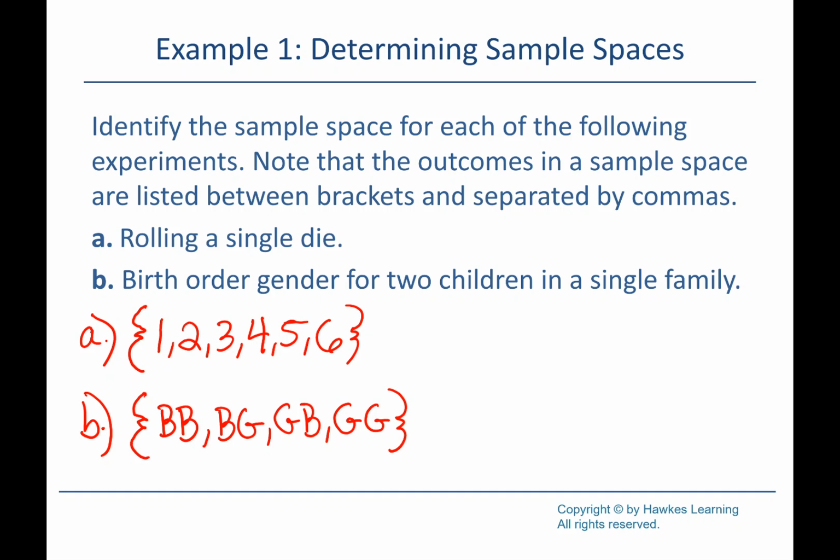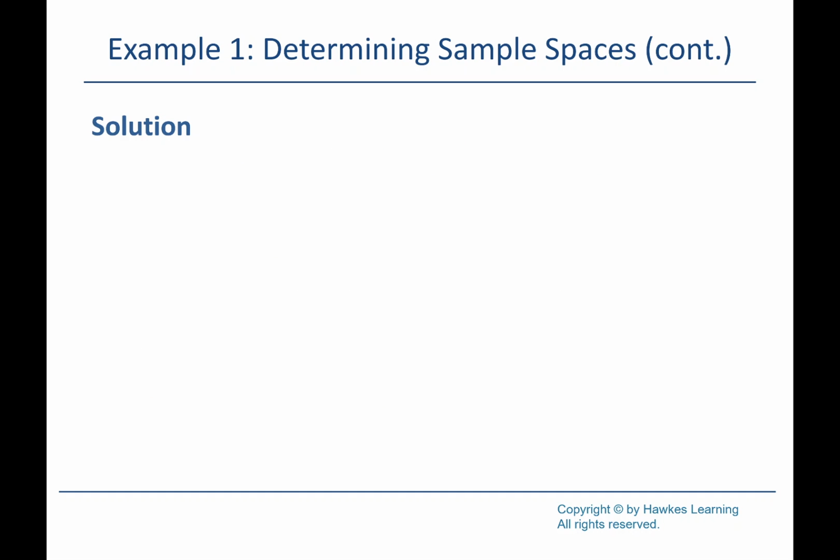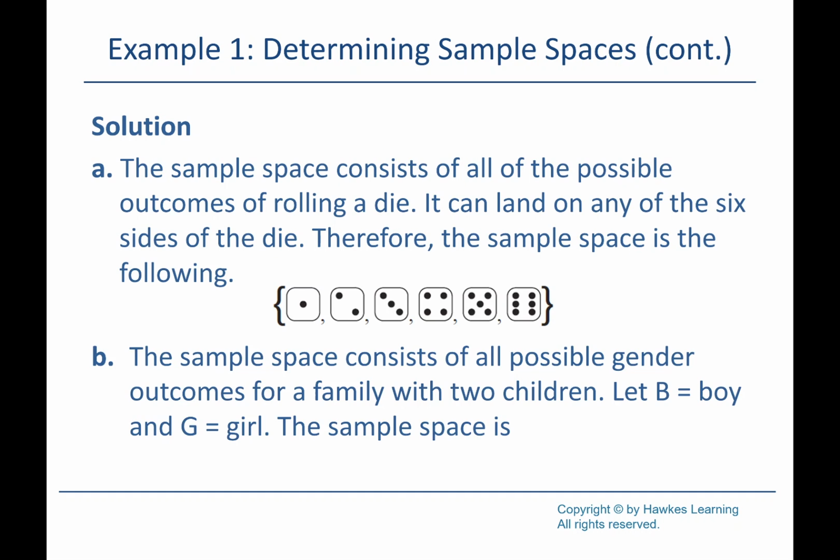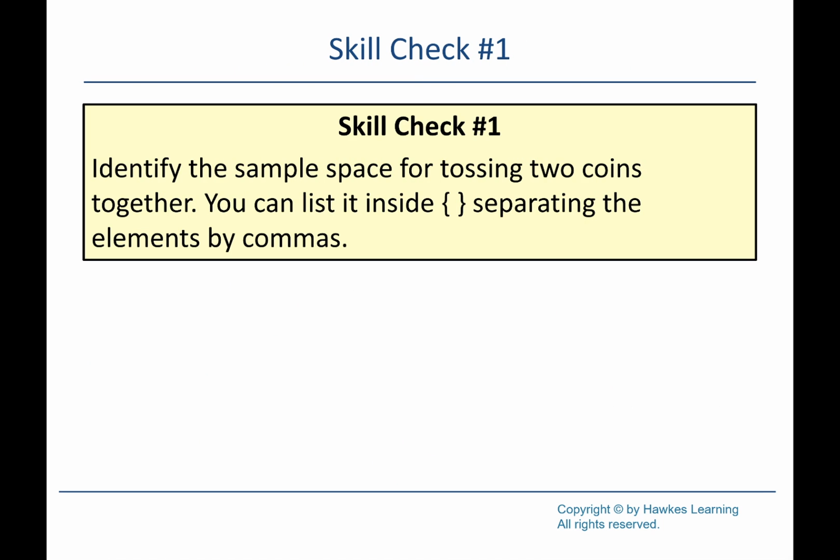Okay, let's do one more. And this is another one where we have kind of 2 events to think about. Okay, so this one says, identify the sample space for tossing 2 coins together. So for each coin, we either get heads or tails. But we're tossing 2 coins, or flipping 2 coins.